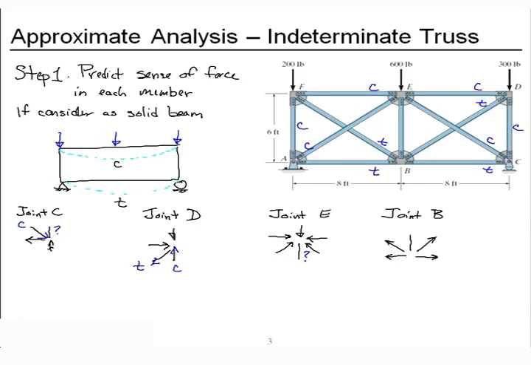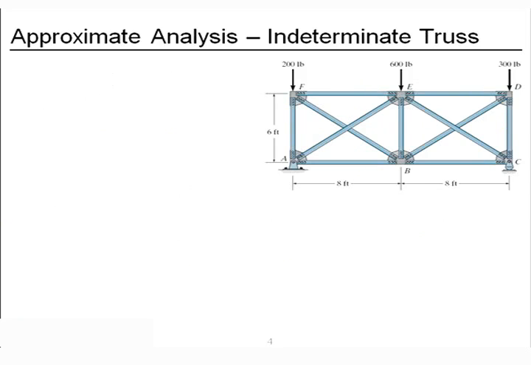My mystery BE, the vertical member, must be down, which makes it compression. All right, we have our prediction for each member of the indeterminate truss. Now we need to calculate reactions. All right, step 2. Let's calculate as many of the reactions as we can.